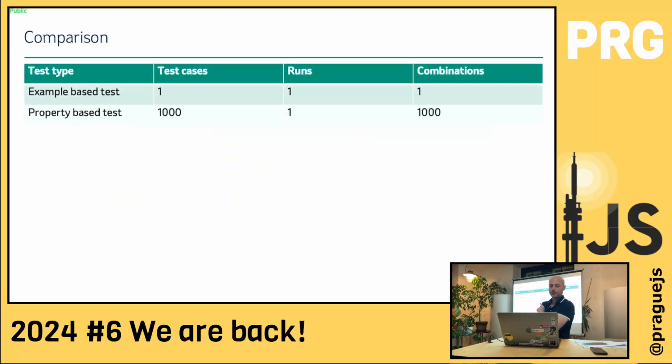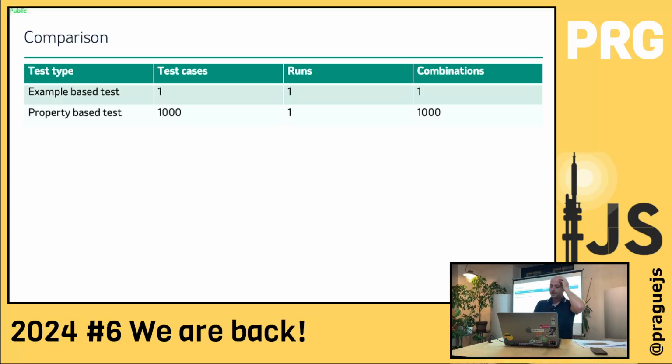So let's compare it a little bit. The example-based test will give you one test case, you will run it once, and you verify only one combination of your inputs. If you use the property-based test, you will have basically 1,000 test cases because you have 1,000 inputs in one run. So you test 1,000 combinations, but it's slow.